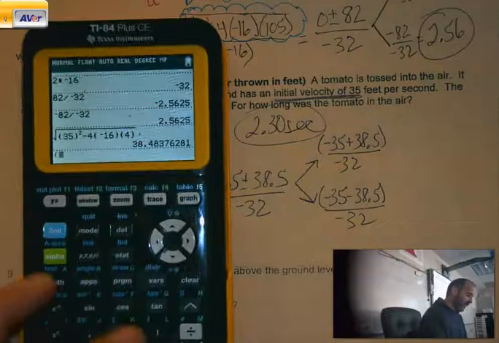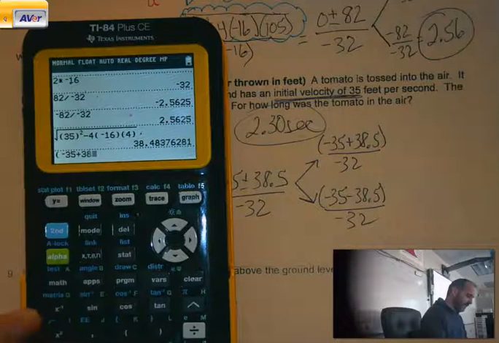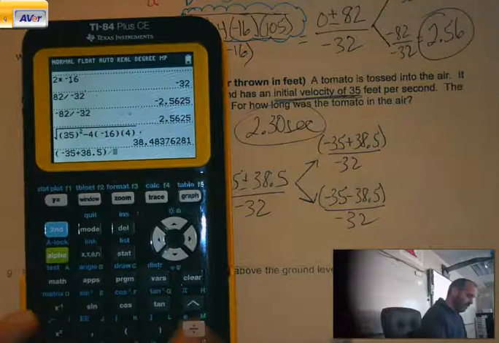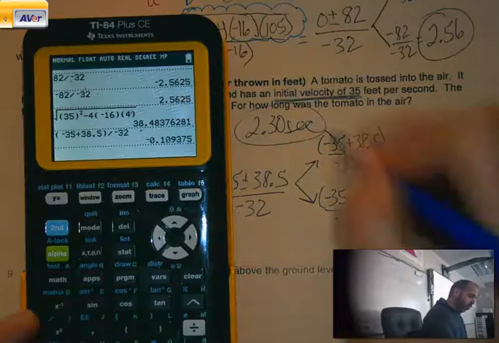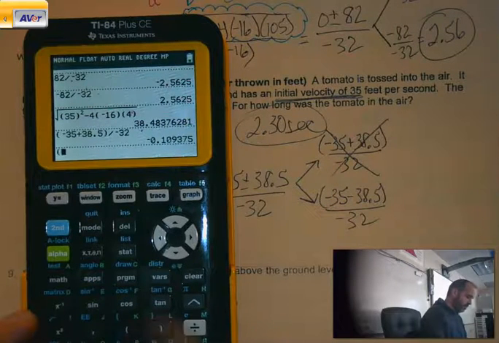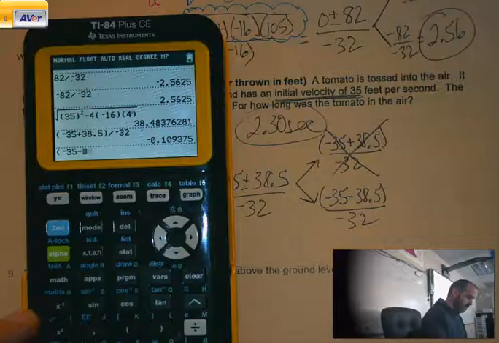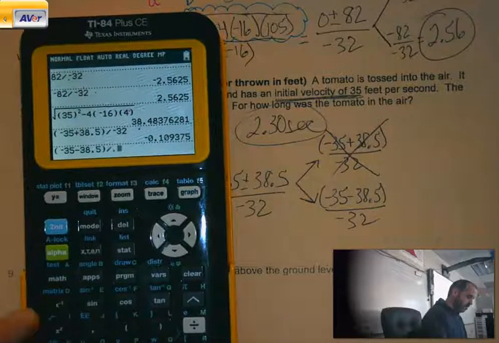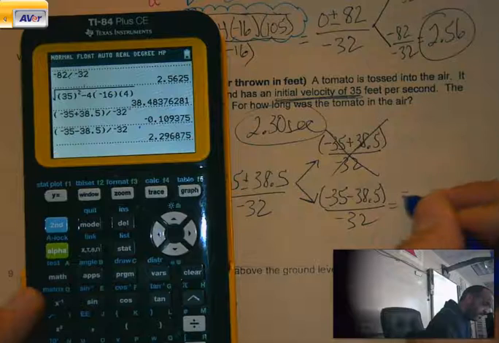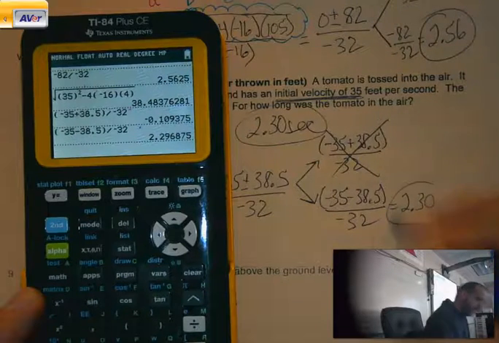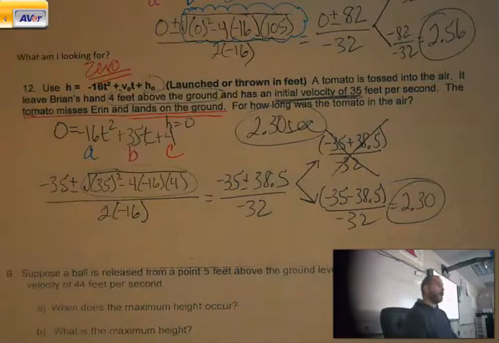Well, you're not going to get the right answer. I guess there's worse things in life than getting the wrong answer in math class. Negative answer. No good. Oopsie. Same answer I got with the calculator.